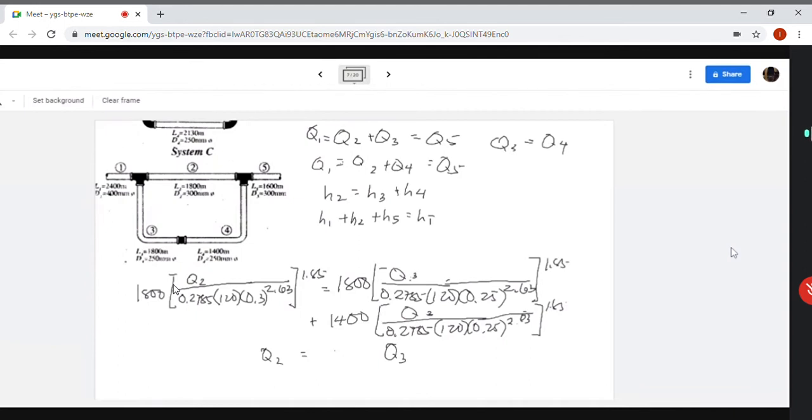So this will become 954 to the 1.85. Then 1,800.2, 3,200.